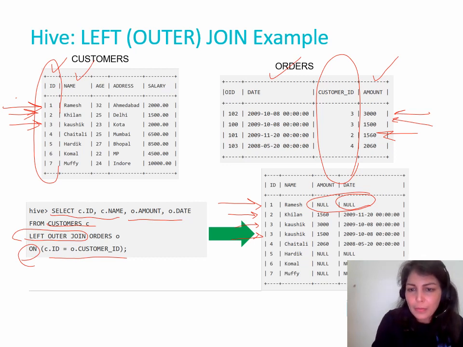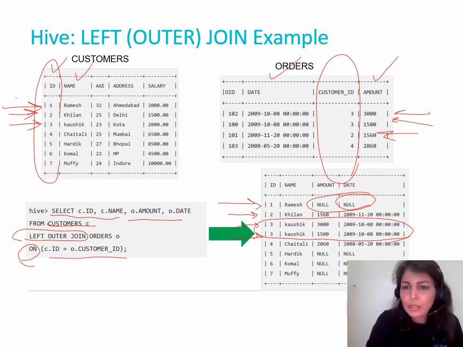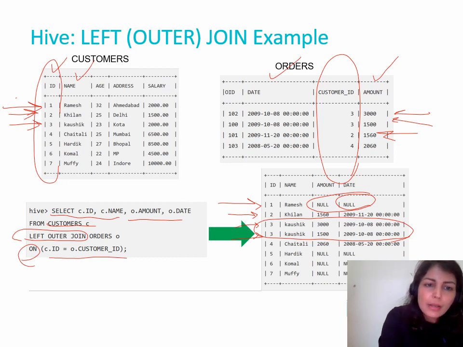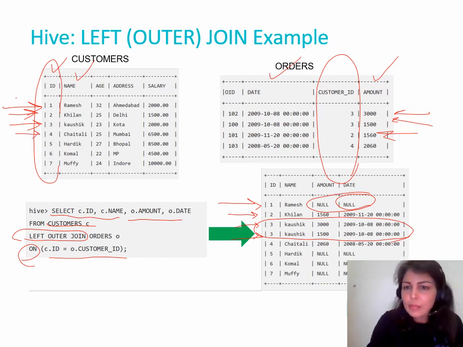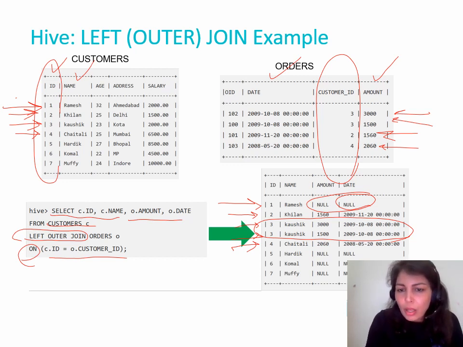You can see here, one order with 3,000, another order with 1,500. Okay. The next customer, number 4, is there any matching value here? Yes, we have 1 order placed. So write it with the matching value. ID 4, name, and the amount, which is 2060, and the date.